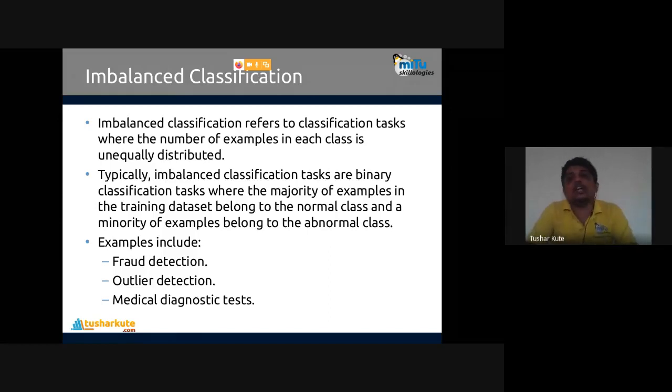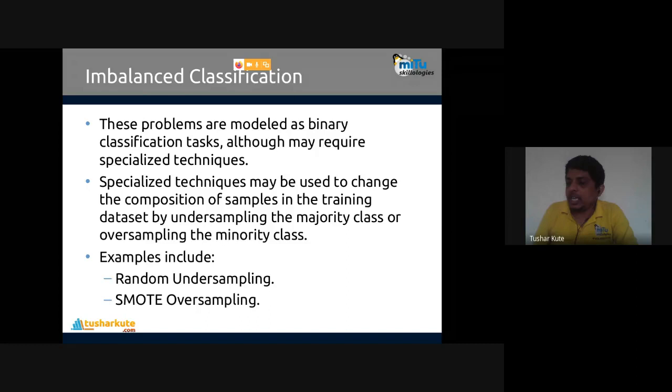It is an imbalanced data set. So to train the model well, we need to balance it. Two options are present. The first option is to apply data resampling techniques. These problems, modeled as binary classification tasks, may require specialized techniques like the two mentioned here: undersampling or oversampling.